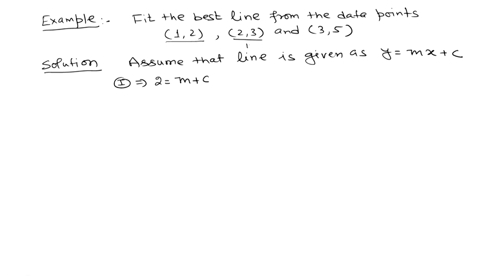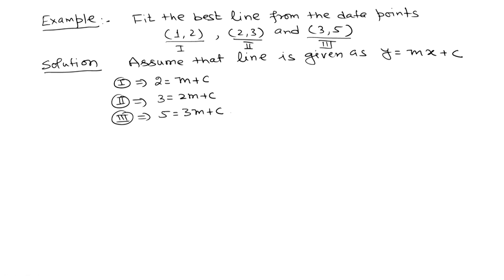Similarly, from the second data point I can write 3 equals to 2m plus c, and from the third data point I can write 5 equals to 3m plus c.